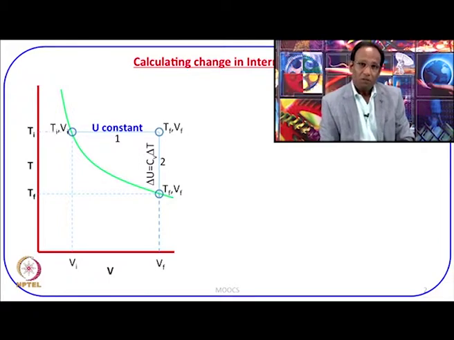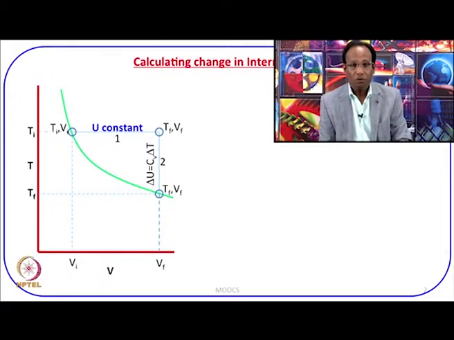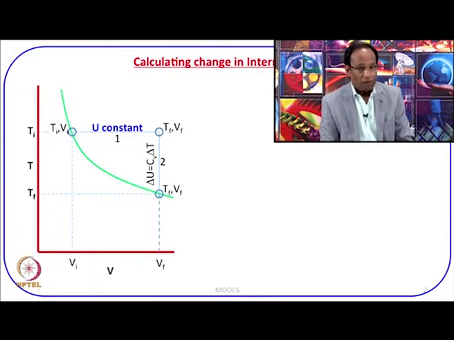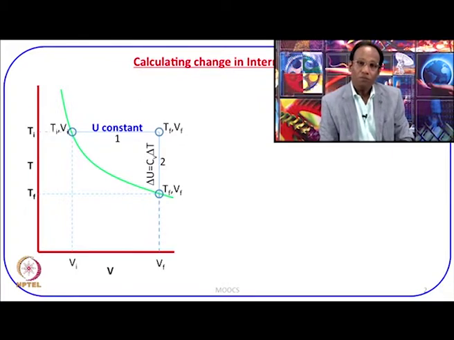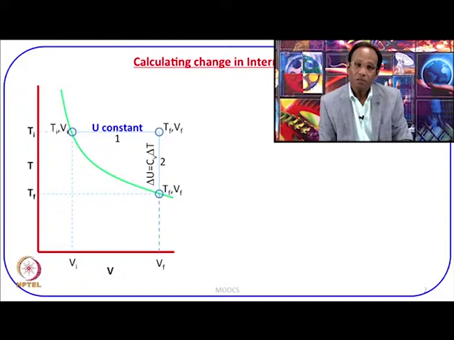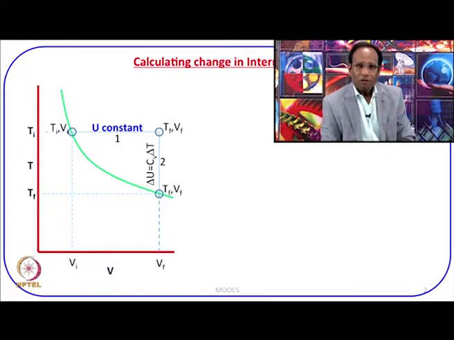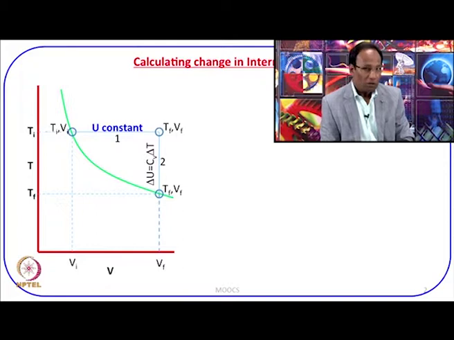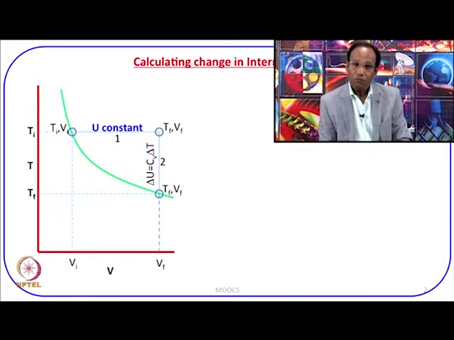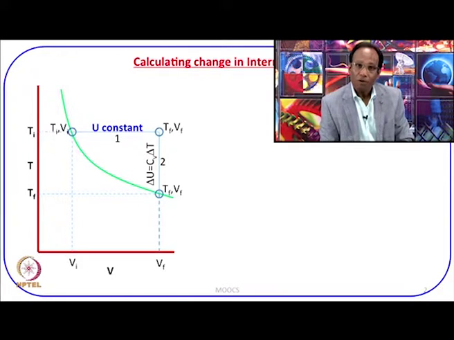That means, if the work is done by the system and you are not allowing any heat exchange, then during expansion the internal energy of the system must decrease, and since here we are not allowing any heat exchange, the temperature of the system must fall during expansion.